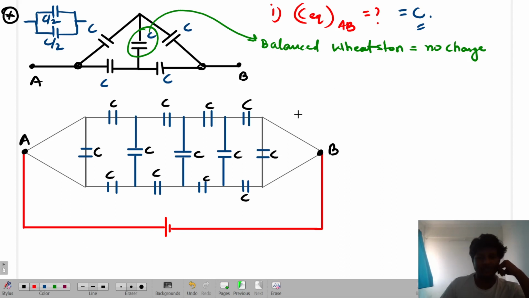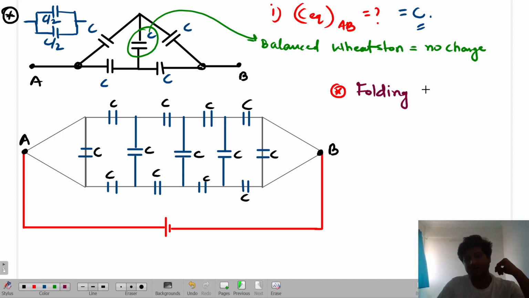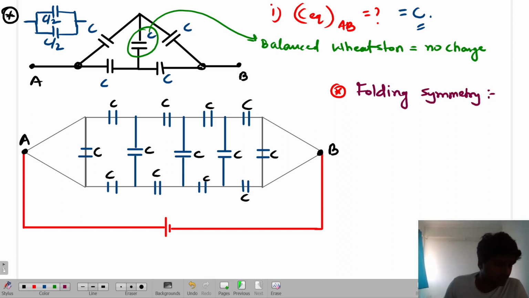Basically, these kind of questions are done by a special kind of symmetry, which we call folding symmetry. What kind of symmetry? Folding symmetry. Are you able to get me or not?